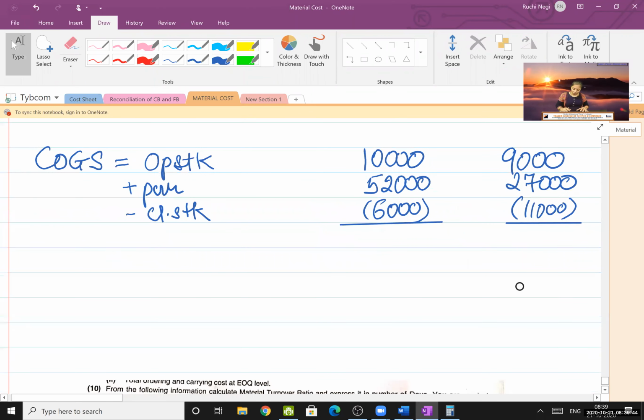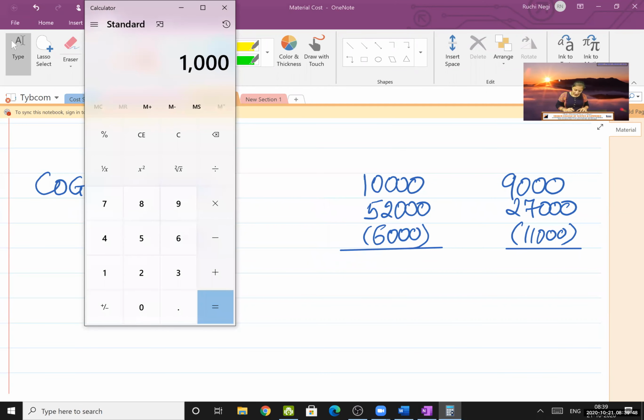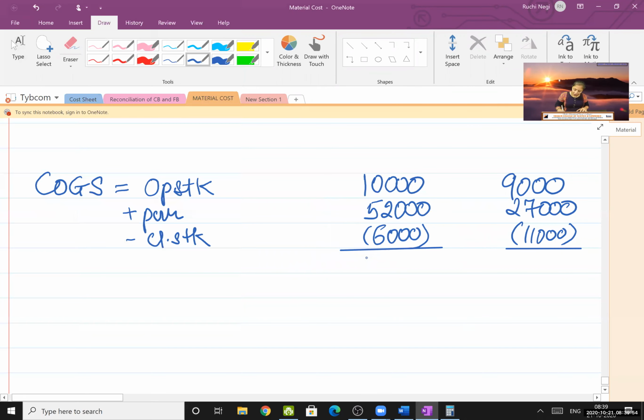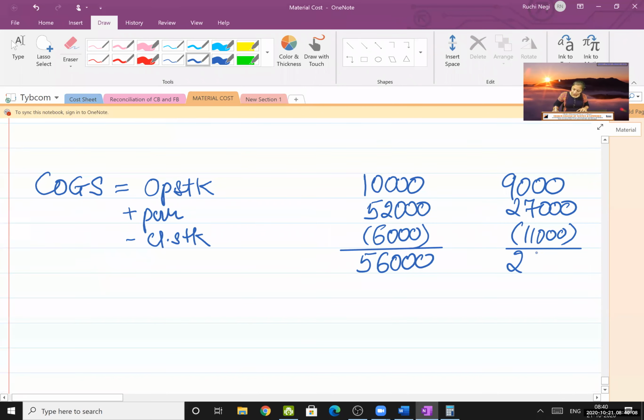You will get COGS. So yeah, 10,000 plus 52,000 minus 6,000. So my answer is 56,000. Next, 9,000 plus 27,000 minus 11,000. So my answer is 25,000. Okay.